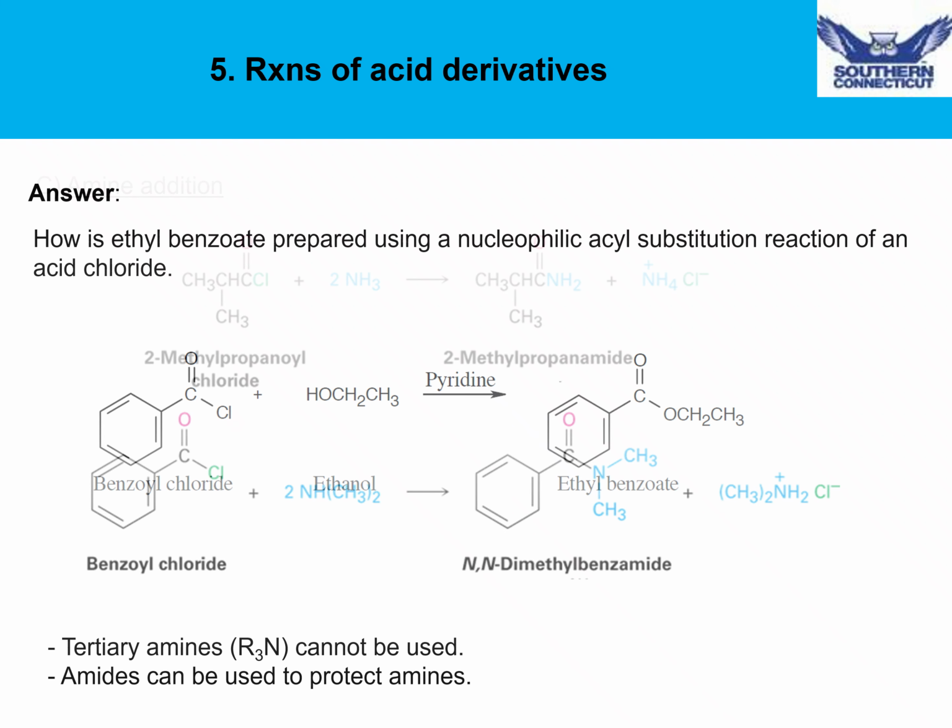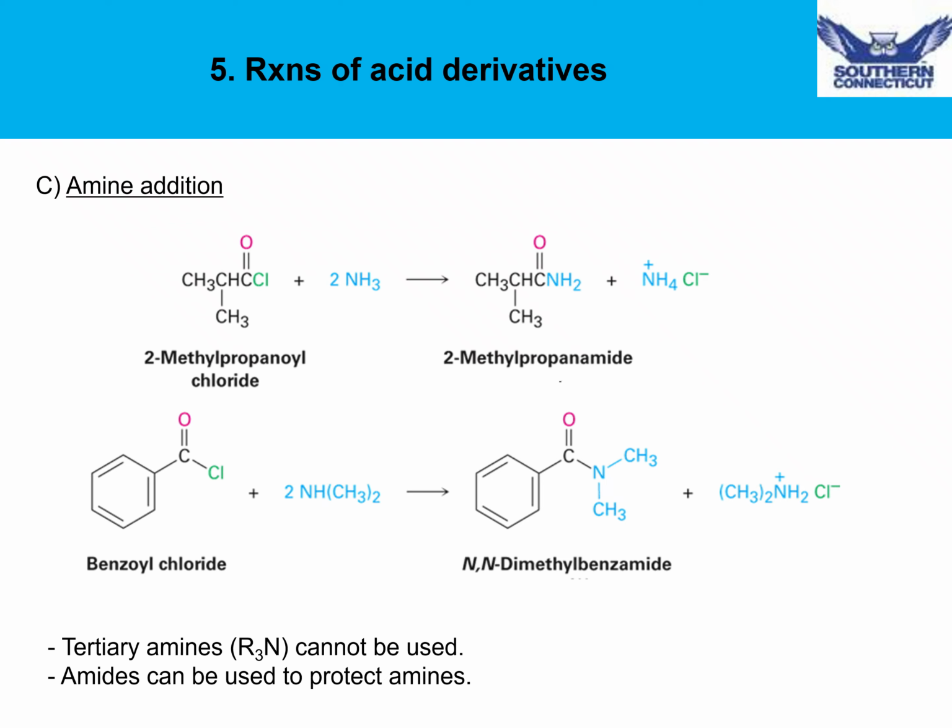Amines are fairly good nucleophiles that can react with different acid derivatives to make other acid derivatives, specifically amides. If we start off with an acid chloride and we add 2 equivalents of ammonia, we should make a primary amide.